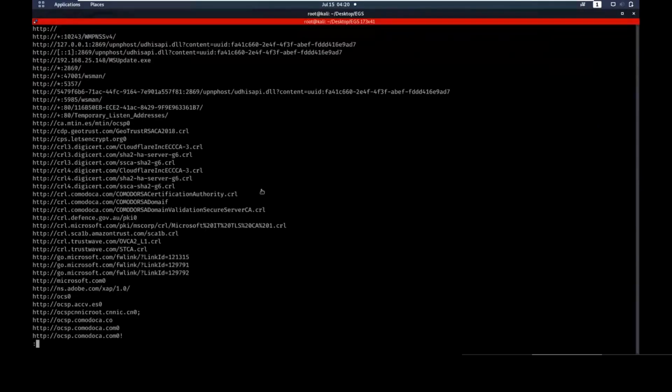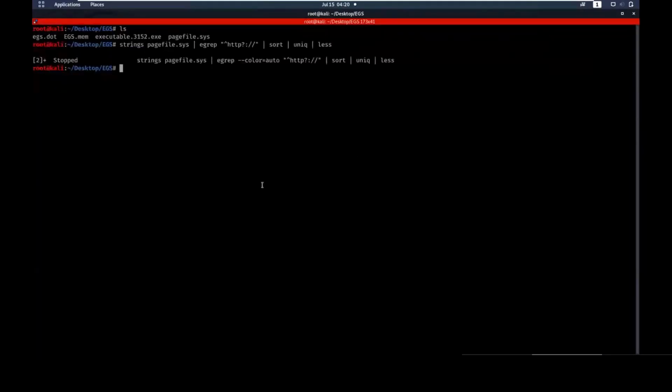If I want to go more specific, I can search for HTTPS as well.